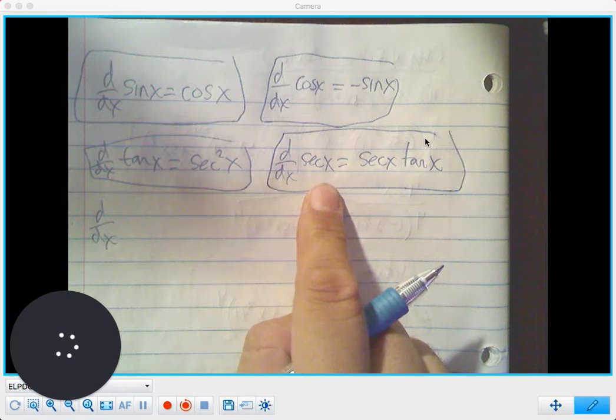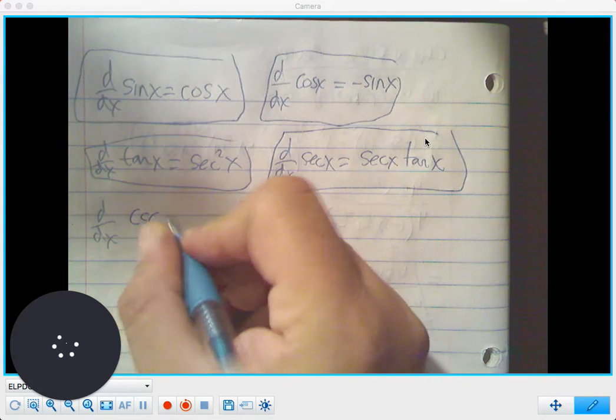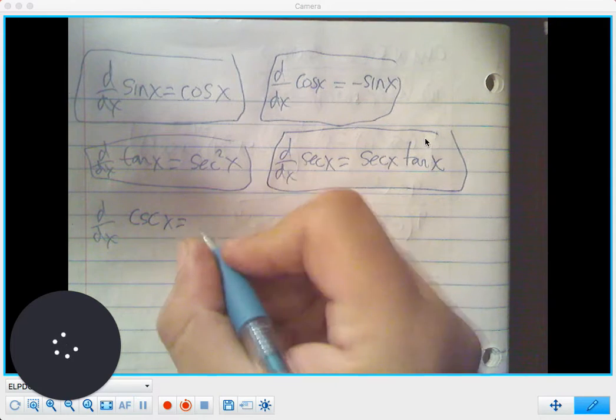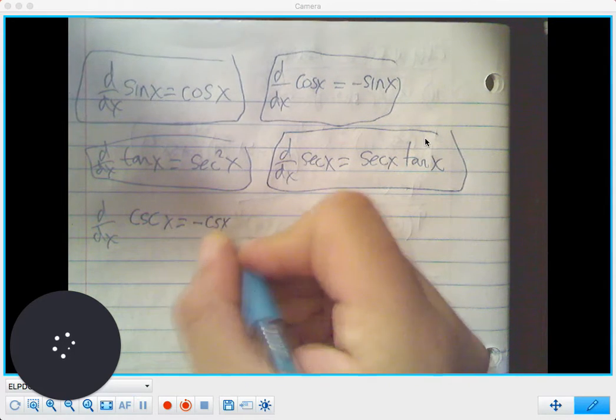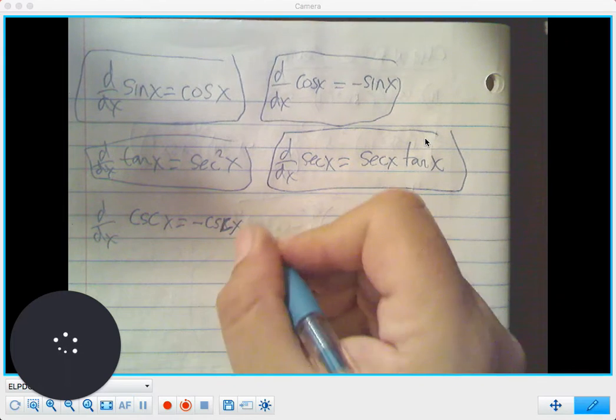The derivative of cosecant x is equal to negative cosecant x cotangent x.